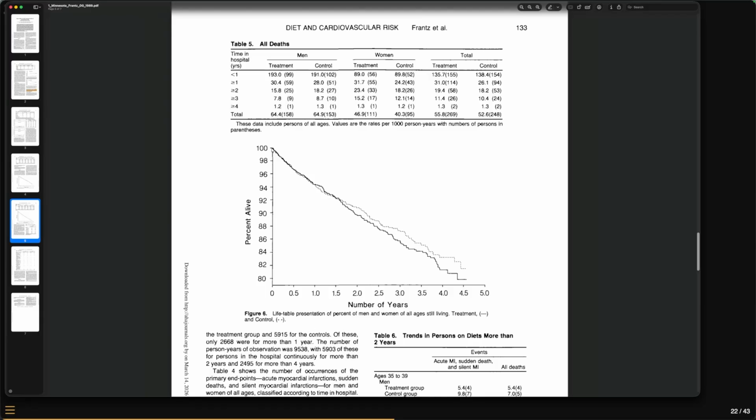Let's just look at the control group. We start at 4,000 people, and at year 0, 4,000 people are alive, so the percent alive is 100. Now, let's say at year 0.5, 500 people left. Now your denominator becomes 3,500.